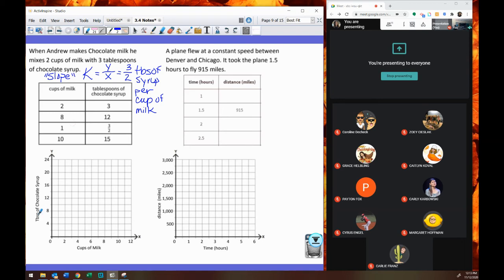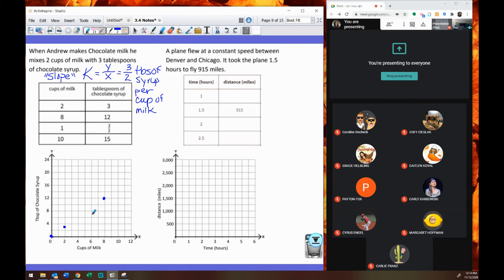So if we wanted to graph this, plot your points: over 2, up 3. I'm counting by 2's here. So if I go over 2, up to 3, I'd be about here, 8 to 12. Proportional graphs always start at 0, 0. They're always straight lines, so we don't have to take the time to plot every single point.